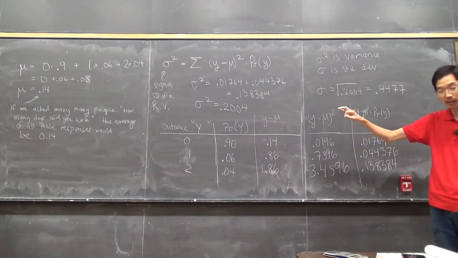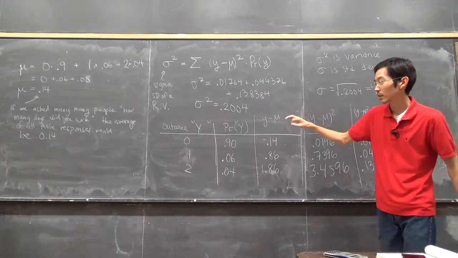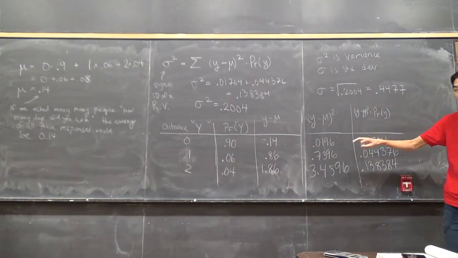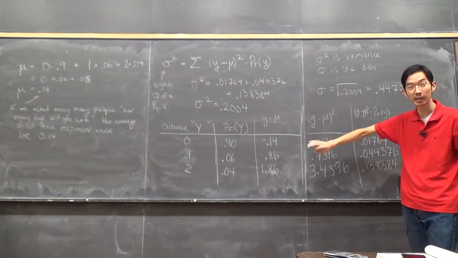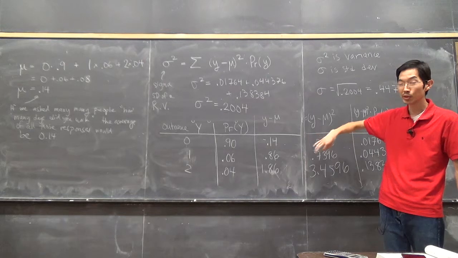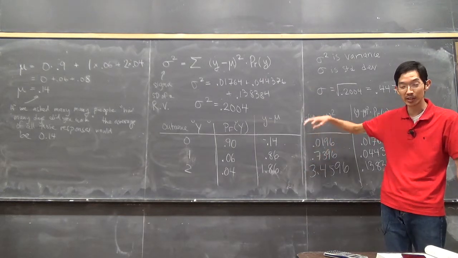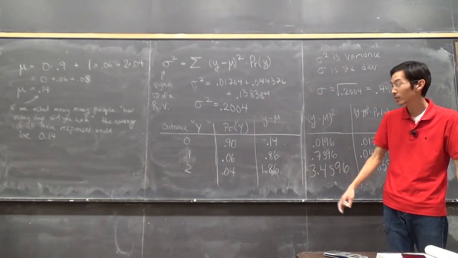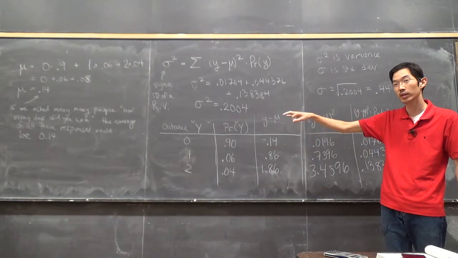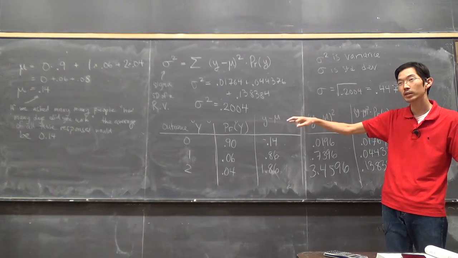And again, this does not represent data. But the concept of the mean of a random variable is as if you were to go out and gather data. What would the mean of a very large data set be? That would be very close to the mean of your random variable. Okay.